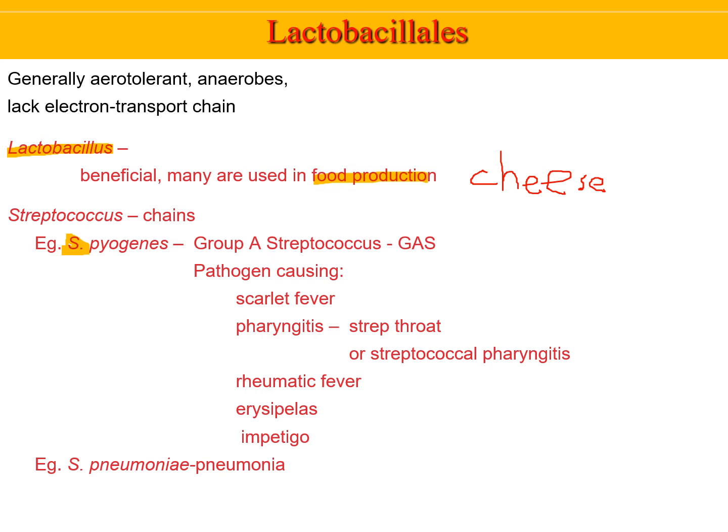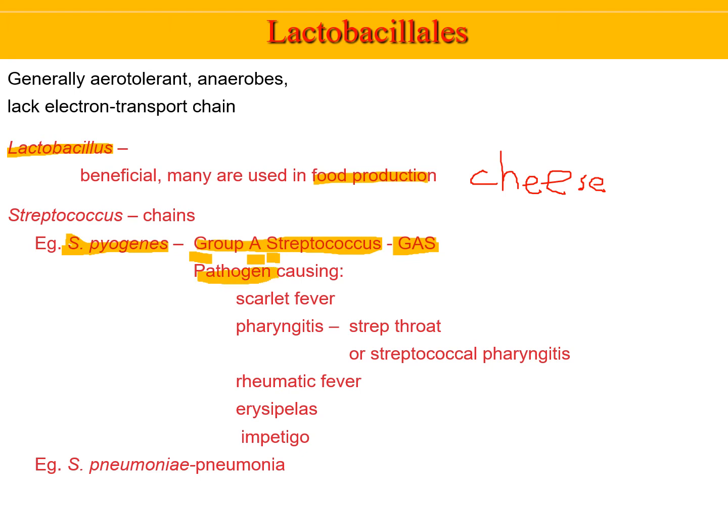Now we're talking about Streptococcus, and an important pathogenic species of Streptococcus is Streptococcus pyogenes. This is also called Group A Streptococcus, or GAS organisms, GAS standing for Group A Streptococcus. The GAS organisms are pathogens.